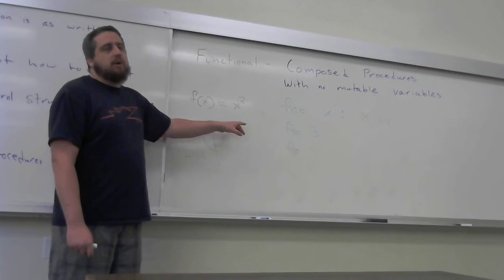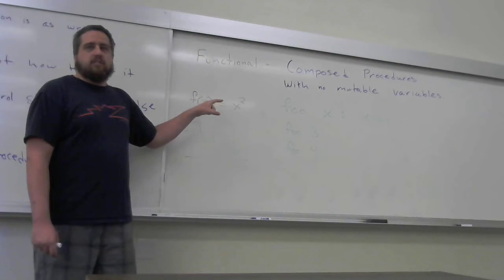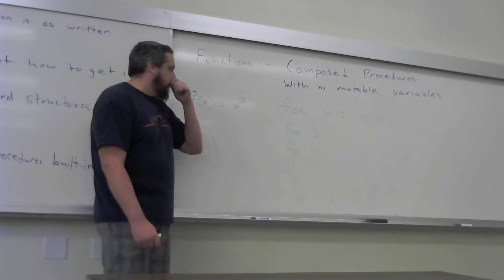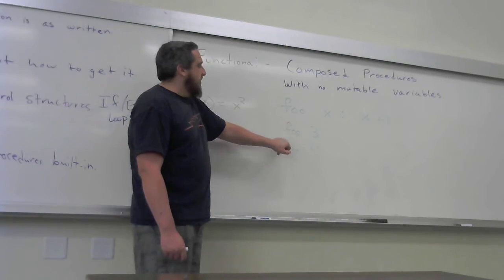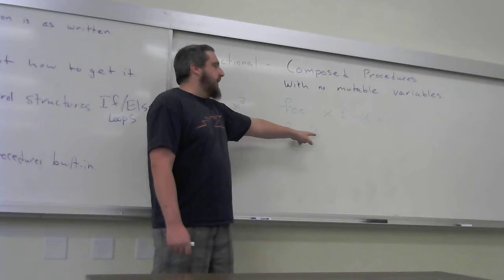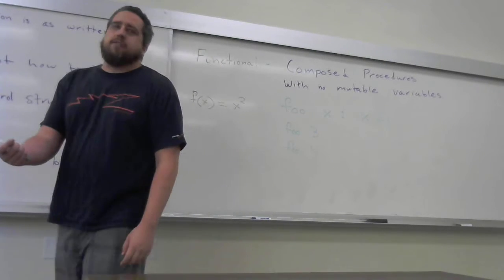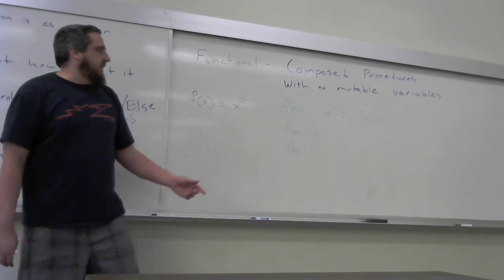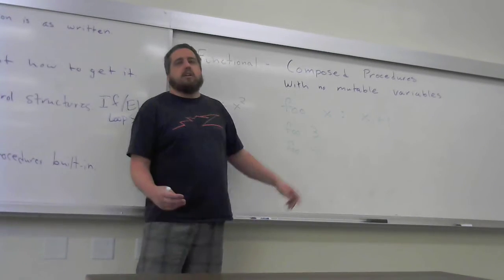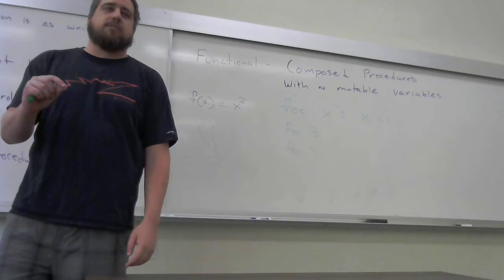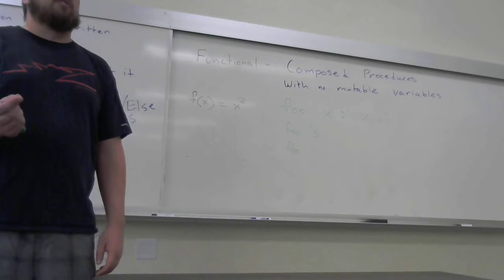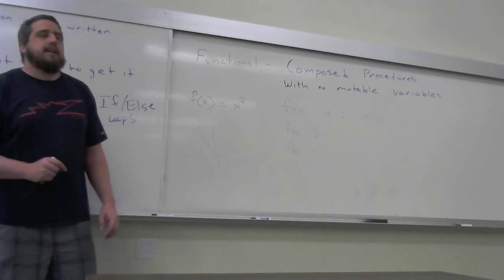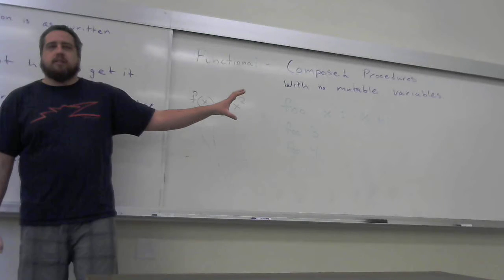Any value of y, well, some values of y have multiple values of x, but in general, that's the idea. And so the same thing is true here. When we say foo of 3 is fixed to the value of 4, whereas foo of 4 is fixed to the value of 5. And so we achieve this with parameter passing. Here, the parameters appear to be variables, but they're variables in the mathematical sense, not variables in the computer science programming sense. And so this is a very different way of thinking about problems.